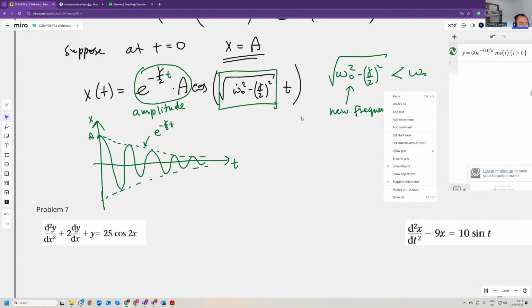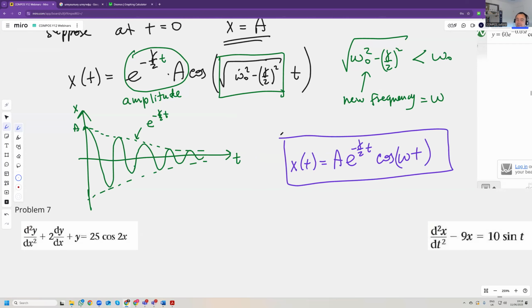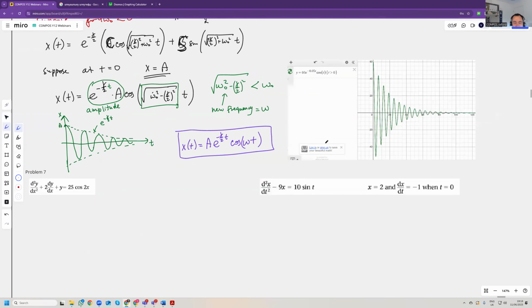So the new frequency is that. So you have the final solution, the equation of motion: x of t is equal to A multiplied by e to the minus gamma over 2 t times cos omega t, where omega is the new omega. All right, so that's the equation of a damped oscillator.